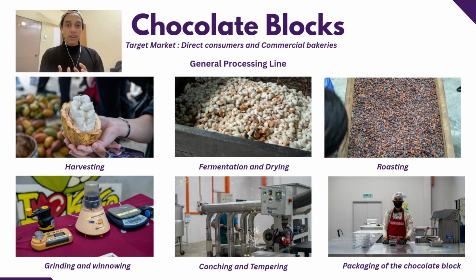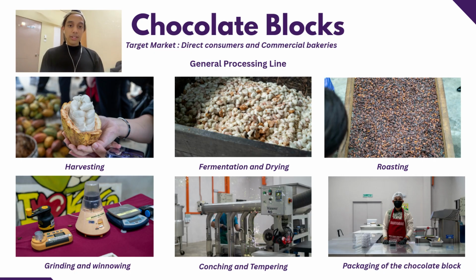After that, the process follows with roasting and grinding the dried and fermented beans. Usually, the dried beans are roasted at 110 degrees Celsius and 160 degrees Celsius. That will help enhance the chocolate flavor, and it will be ground into a fine paste.